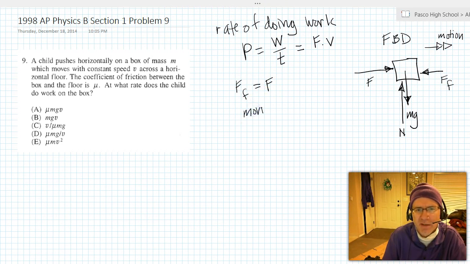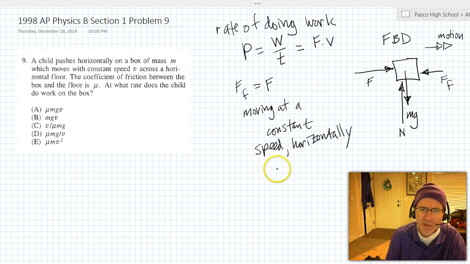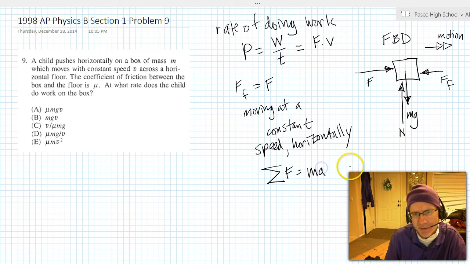So moving at a constant speed horizontally means the following. Sum of the forces equals mass times acceleration in the horizontal direction. In particular, that's Newton's second law, N2L.